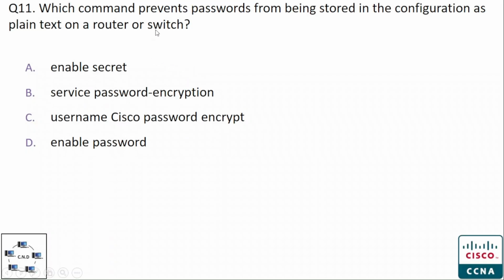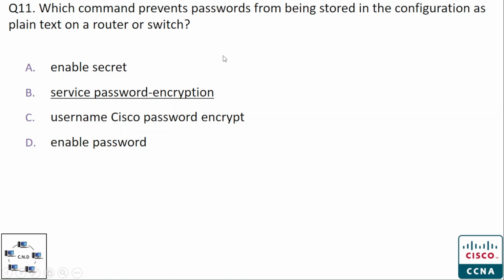Question number 11. Which command prevents passwords from being stored in the configuration as plain text on a router or switch? And the options are A, enable secret, B, service password-encryption, C, username Cisco password encrypt, and option D, enable password. And the correct option is service password-encryption. So what does this command do?